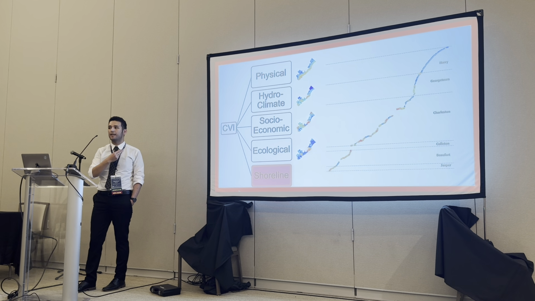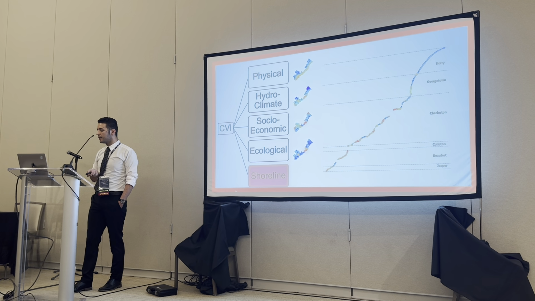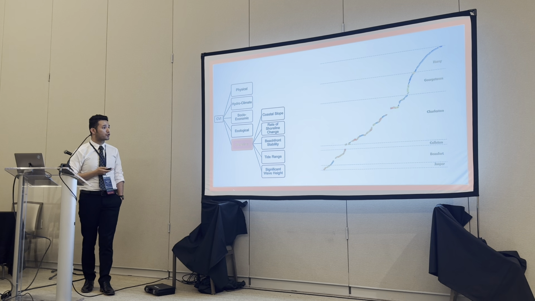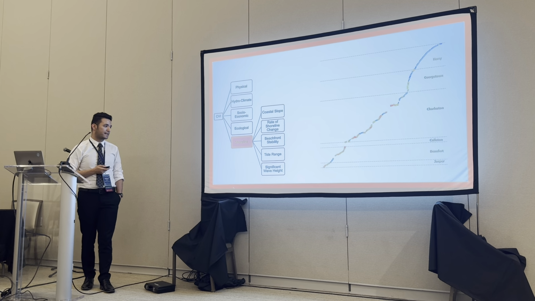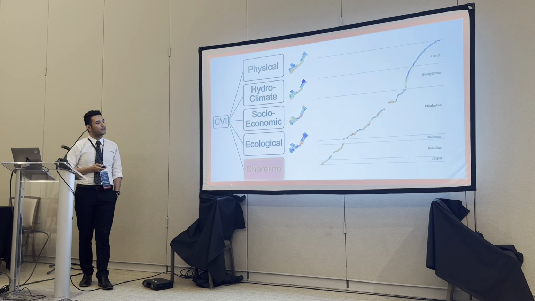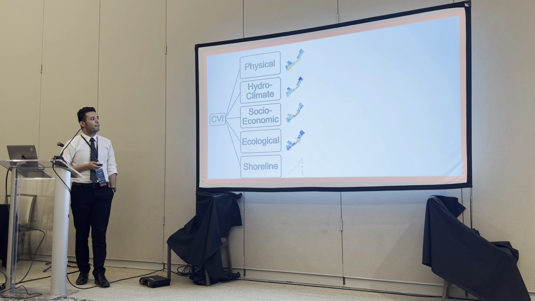As you can see, this one is a line feature, not a polygon, unlike the others. For this one, we studied 5 different factors: the coastal slope, rate of shoreline change, beachfront stability, tide range, and significant wave height. So these were the 5 different vulnerability indexes that we used.